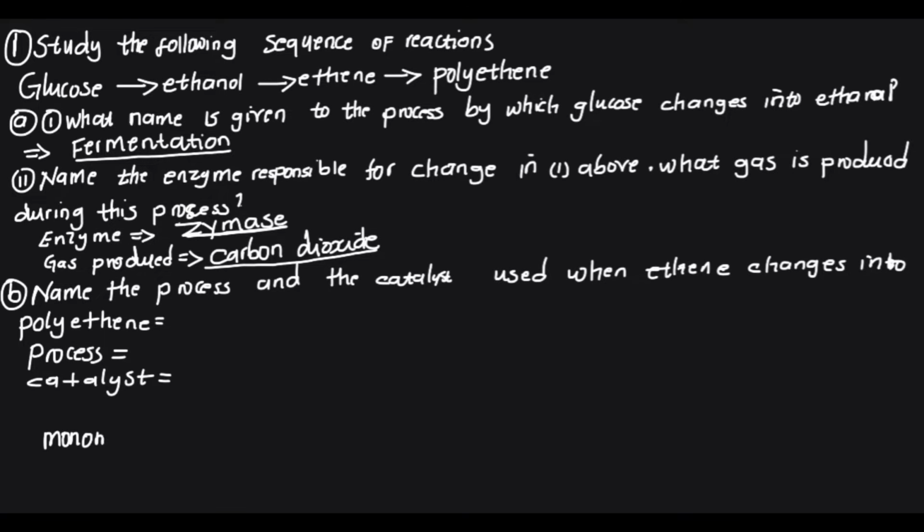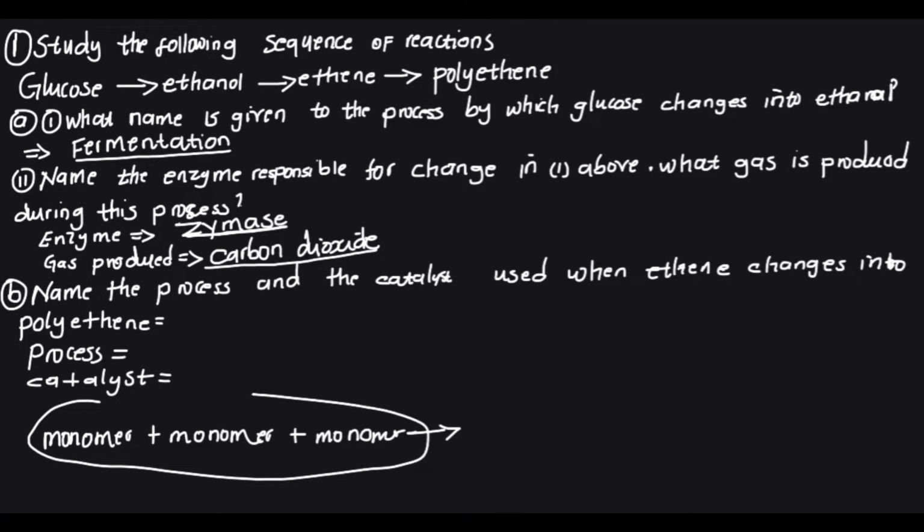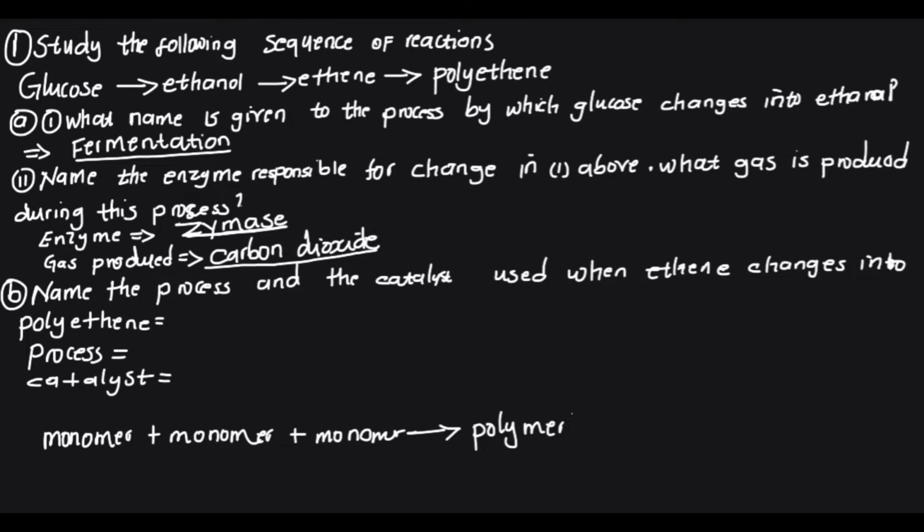So if we have a monomer plus another monomer, maybe plus a third monomer, and we combine these smaller molecules, we can form what we call a polymer. So polyethylene is an example of a polymer.